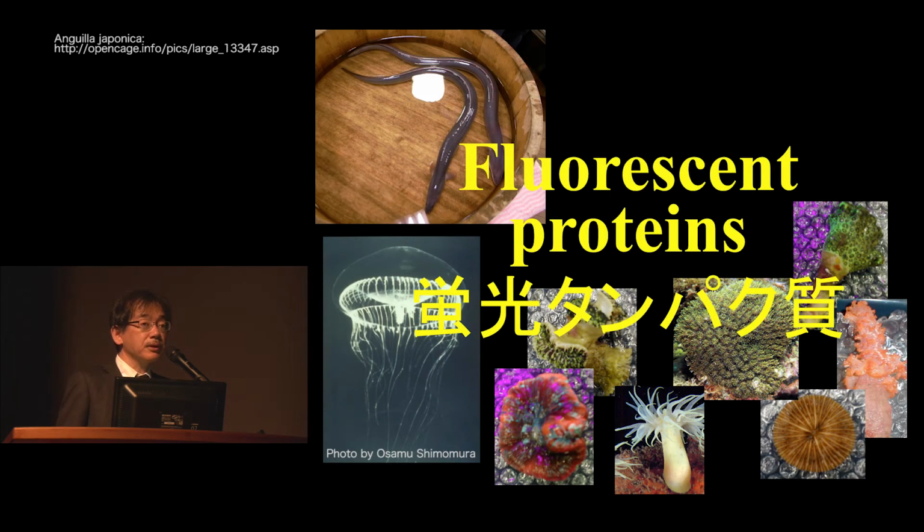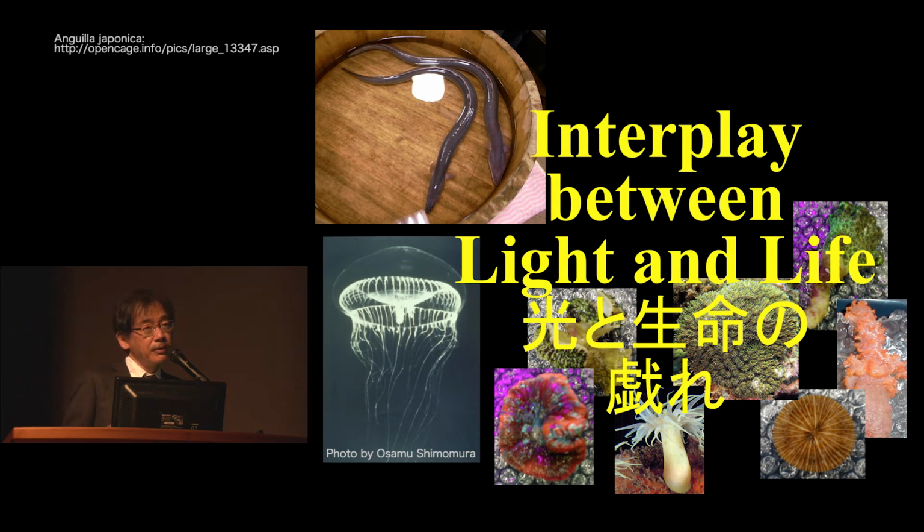My laboratory is engaged in technological innovation in bioimaging, principally using fluorescent proteins, and in studying the physiological roles of fluorescent proteins in the interplay. There are many riddles and enigmas. So finally, I'd like to pose 3 questions.